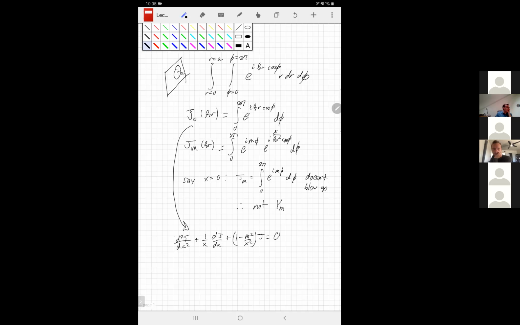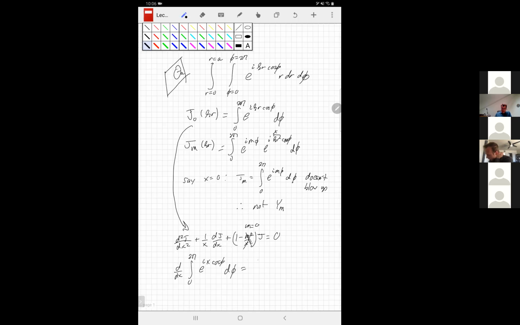Or if we take into account the fact that m equals 0, this whole thing becomes a lot easier. So let's take those derivatives, all right? d by dx of the integral from 0 to 2 pi of e to the i x cosine phi d phi.